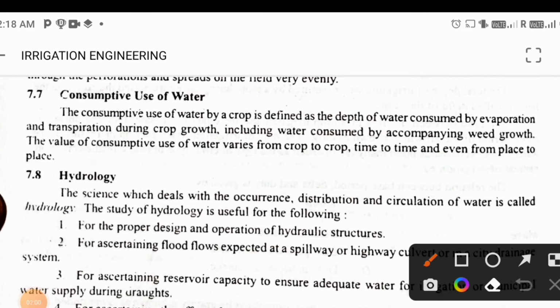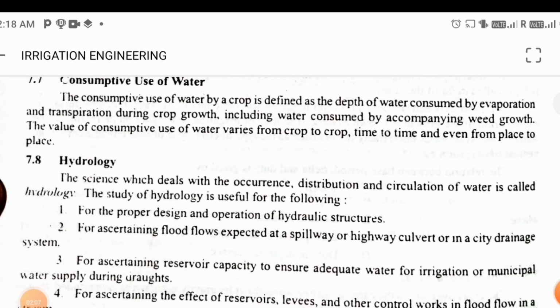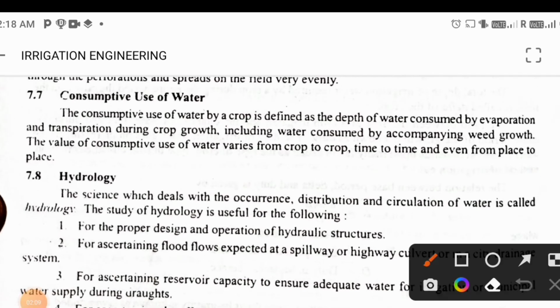Conjunctive use of water. The conjunctive use of water by a crop is defined as the depth of water consumed by evaporation and transpiration during crop growth, including water consumed by accompanying weeds growth.